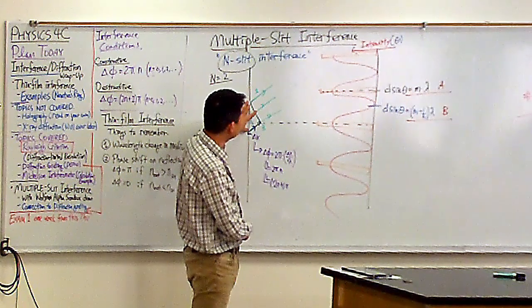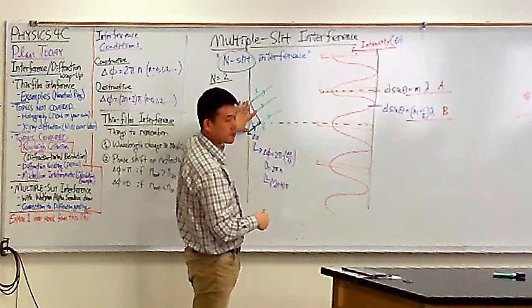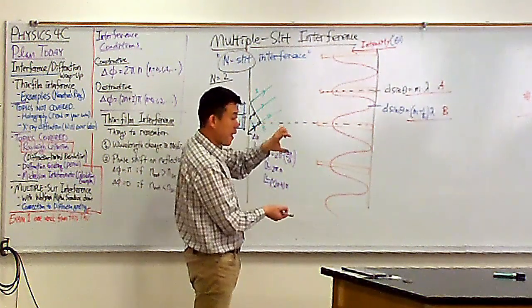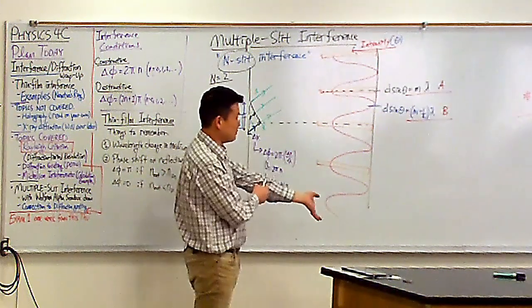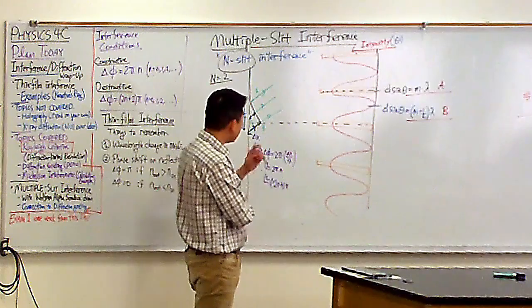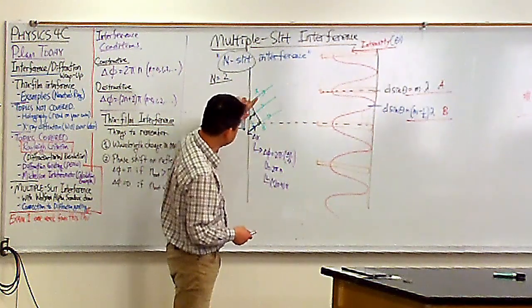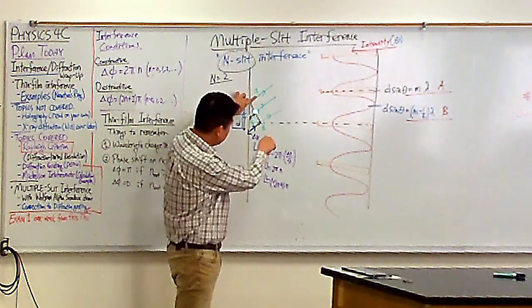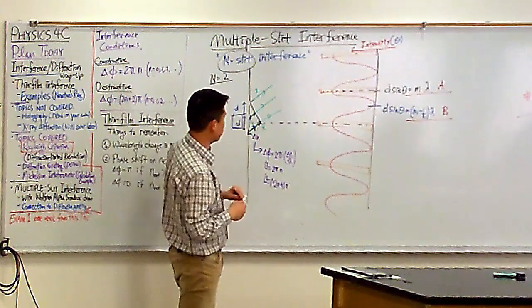I guess this is where you have to be careful. With the single slit diffraction analysis, we paired them up and did the analysis that way. So here, if I do this pair and then this pair, I've actually double counted the middle slit, right? So this is one way to think about it.